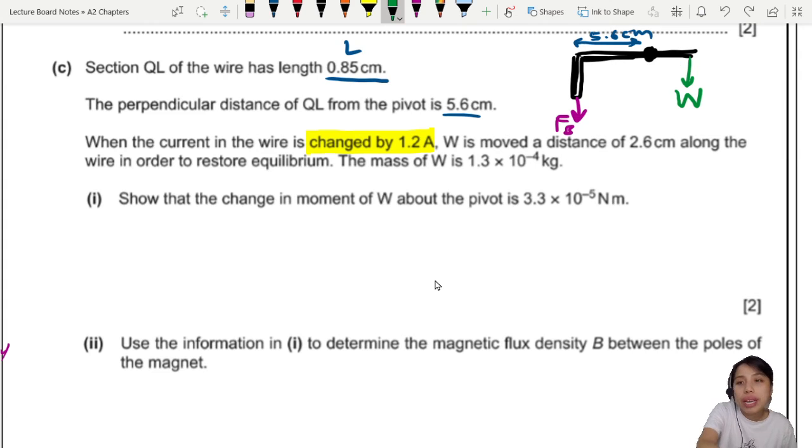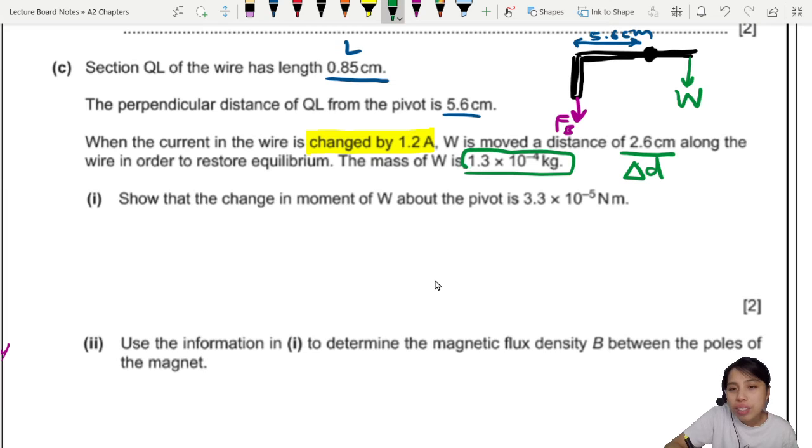There's a change, so I'll call this the change in distance, to restore equilibrium. The mass of W is 1.3 times 10 negative 4 kg. Very light. Show that the change in moment of W about the pivot is that much.